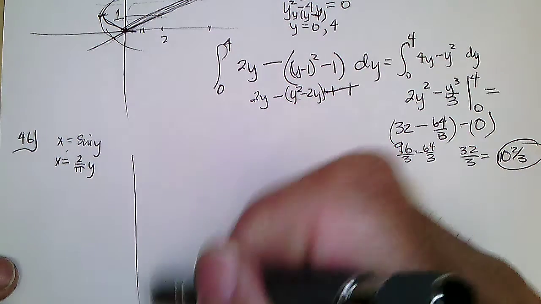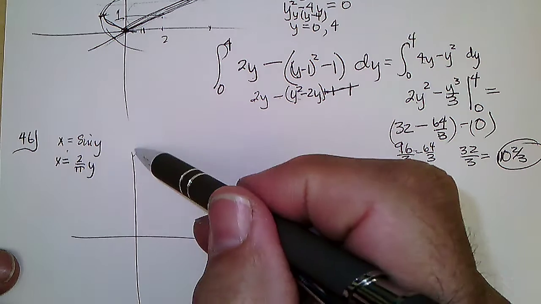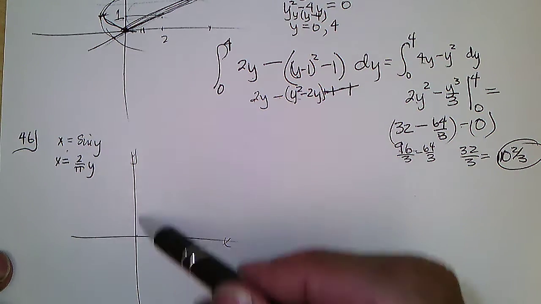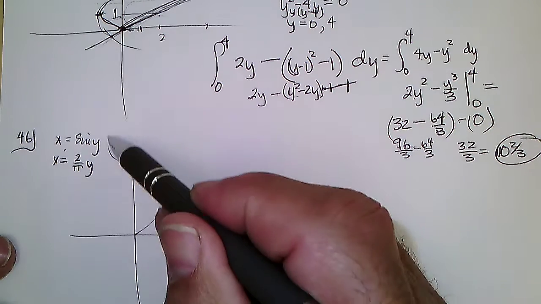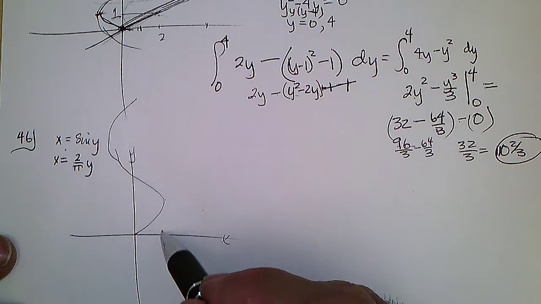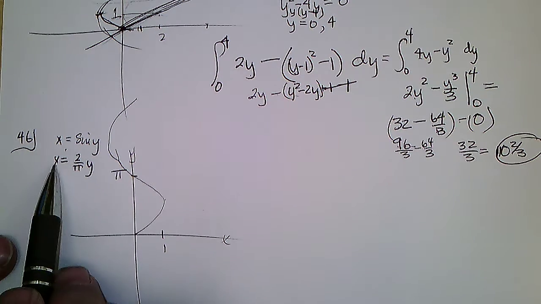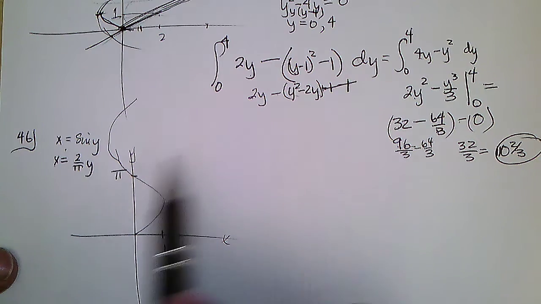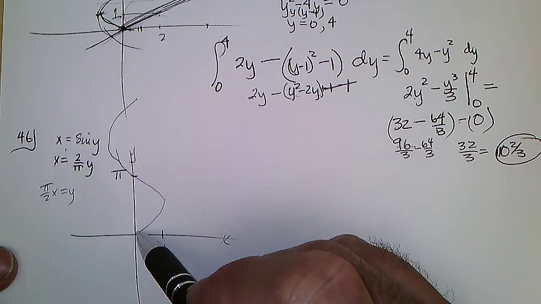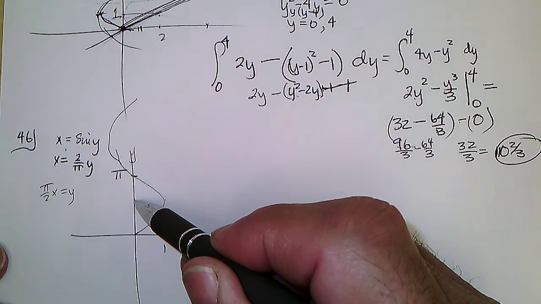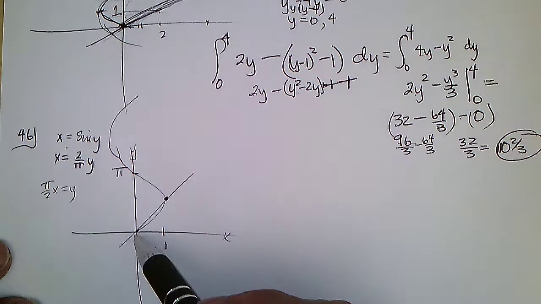X equals sine y. So this is x and this is y. So this is the positive direction. So the sine starts at 0. It would go to plus 1 to minus 1. We'll be doing that. And x equals, so this would be pi over 2 x equals y. So we have to go to a slope of up half a pi as x goes over 1. So they intersect right there.